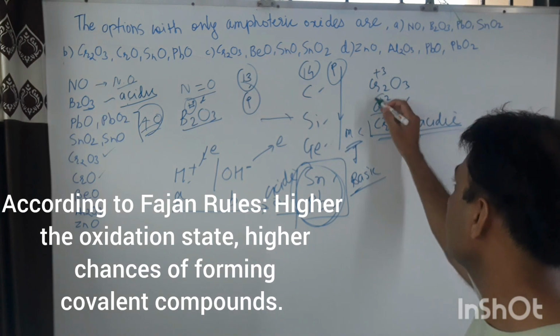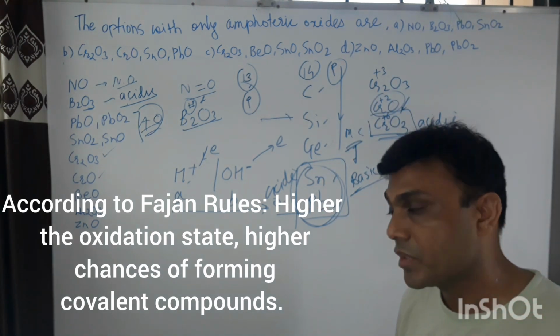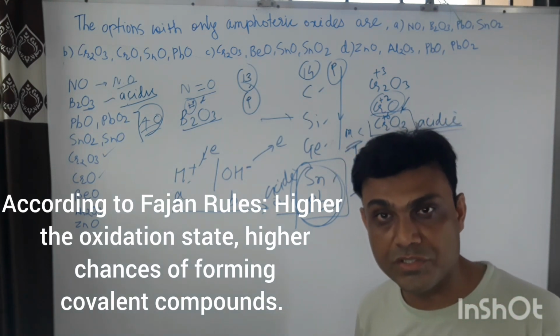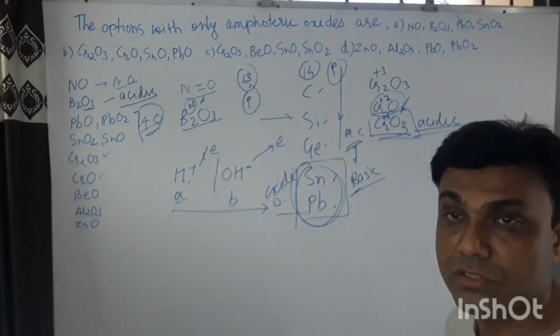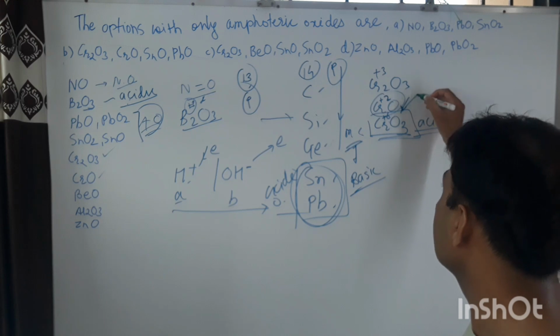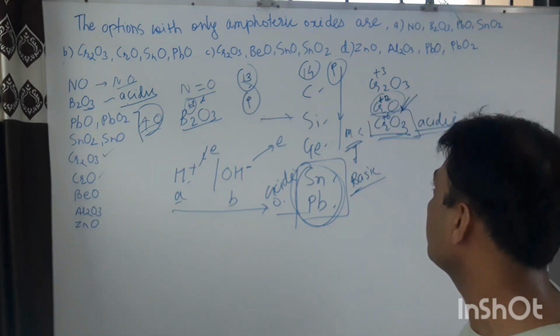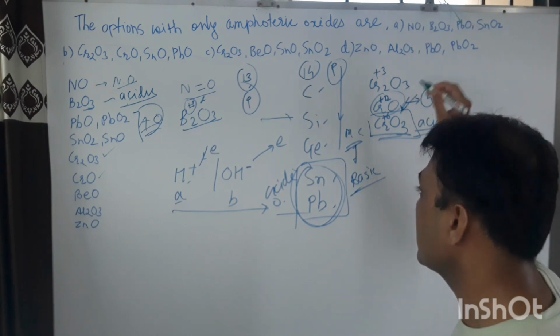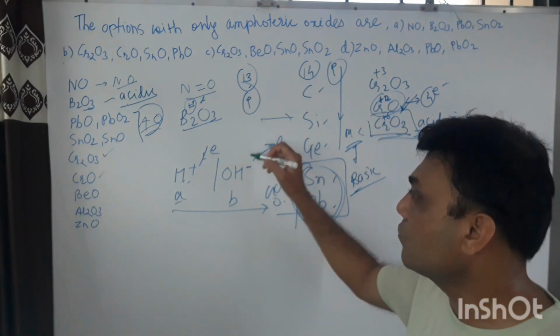Now if you see chromium oxide, the oxidation state is +2. This is the lowest oxidation state among the oxides of chromium, and it still has 4 electrons in its orbit. So it can give electrons.